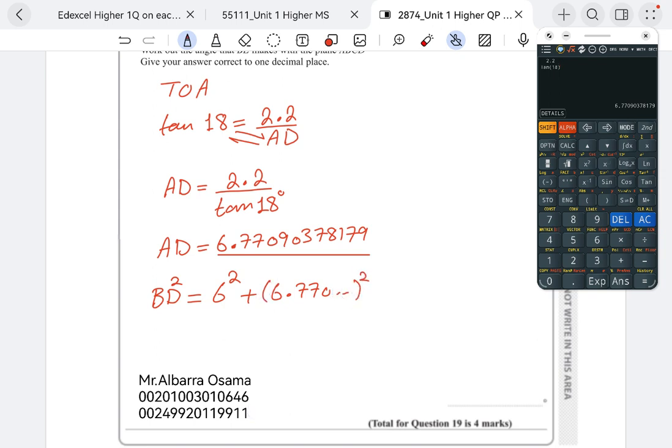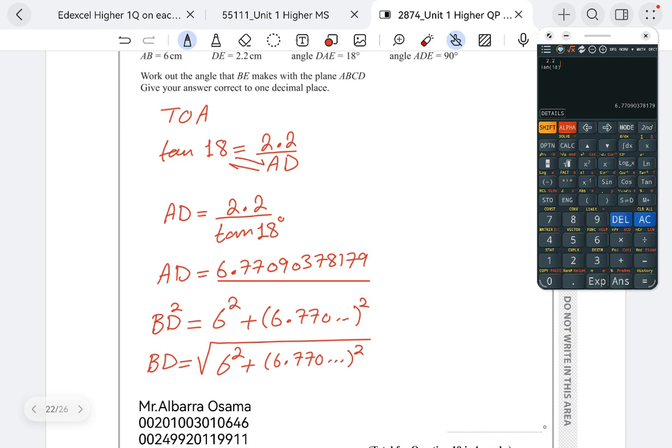Actually, I don't want BD squared, I just want BD, so I'll take the square root of both sides. So BD is the square root of 6 squared plus 6.770 and so on, squared. Let us try to find BD first of all. So I end up with BD equals what?